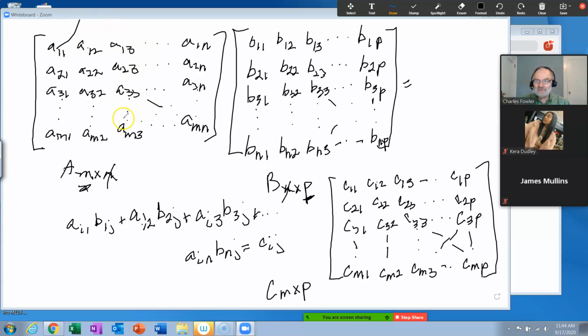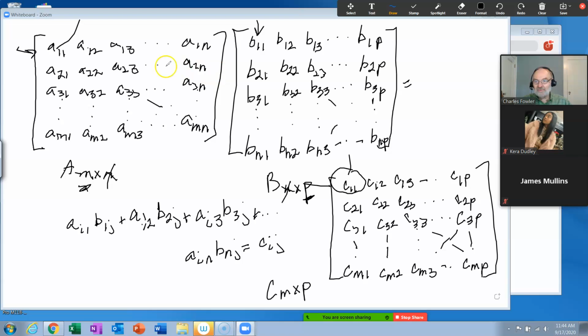To get to this first element here, which is the first row, first column, you take the first row of A, that's your A1 whatevers, letting them increase, and do it times the first column of B. So you go across A while you're going down B, and that's why the N that's here has to equal the N that's there, because you have to have the same number of entries to multiply, and that gives you your C11.